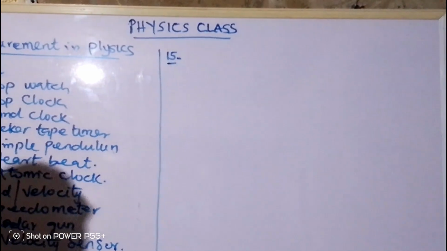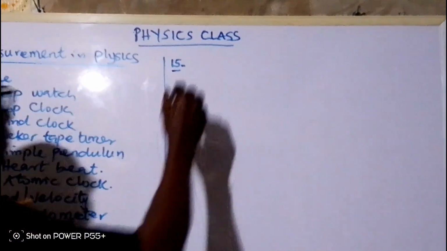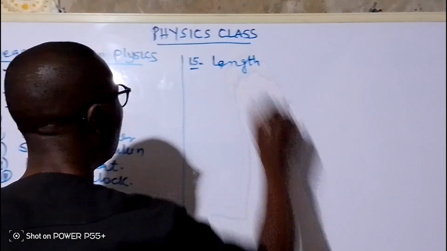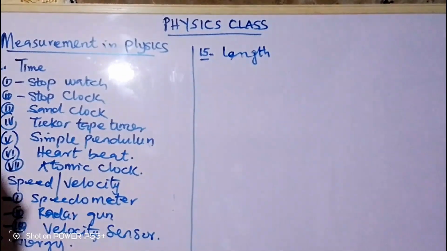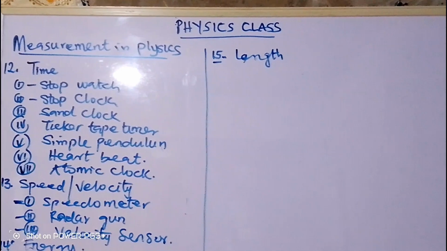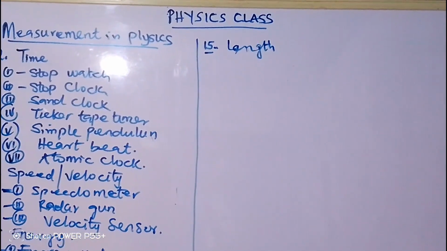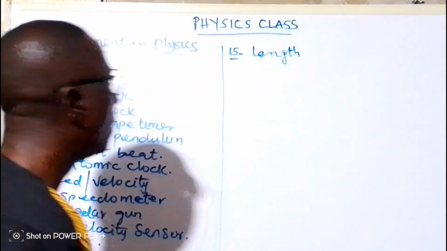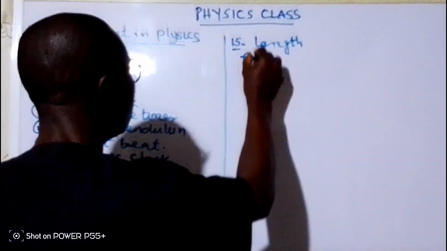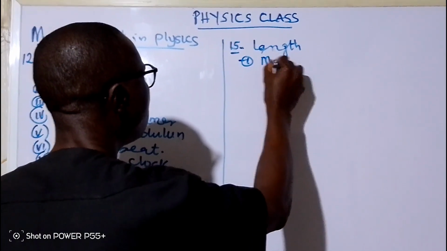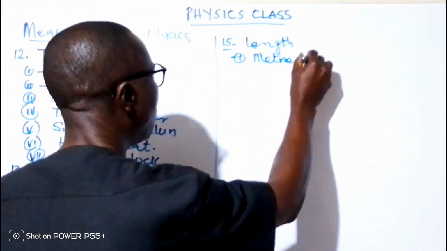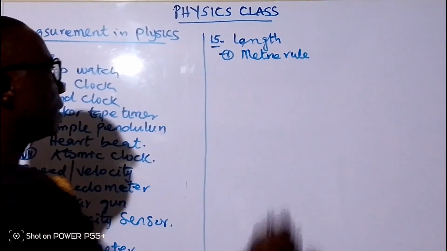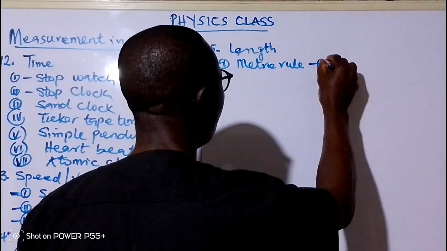Now, the next one, which I promised before, is length. What is length? It simply means the distance between 2 points. Now, what are the possible instruments to measure length? 1. We have meter rule. The meter rule in physics is divided into 2. 1.